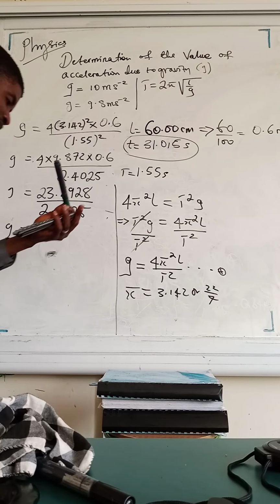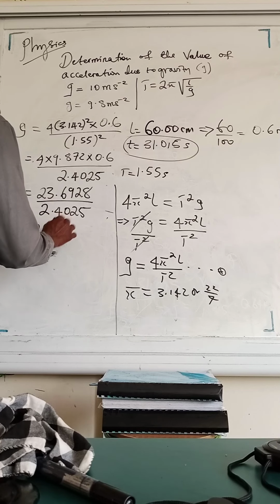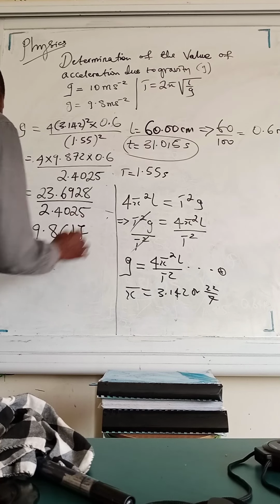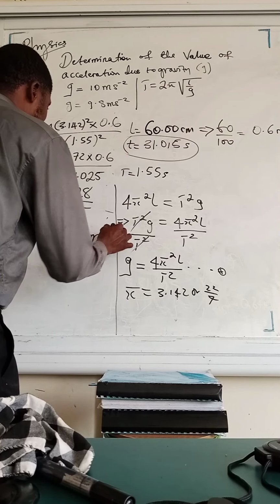Exactly what was predicted. We have 9.8617. What is the unit? Meters per second square.